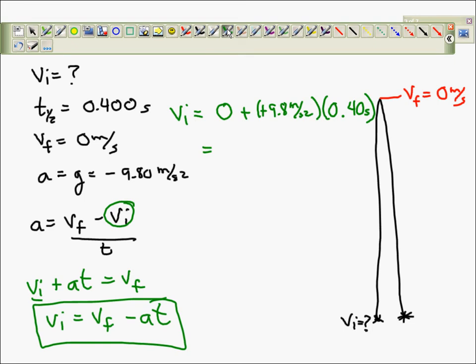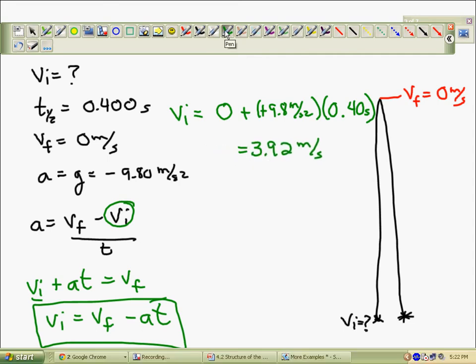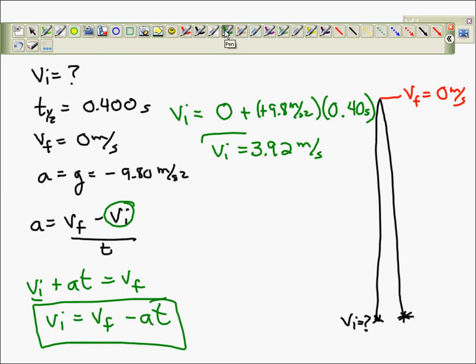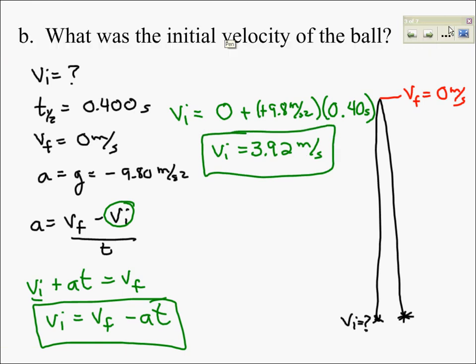And use your calculator. I think I've already done this. And I have 3.92 meters per second as my initial velocity. So there's your answer to part B.